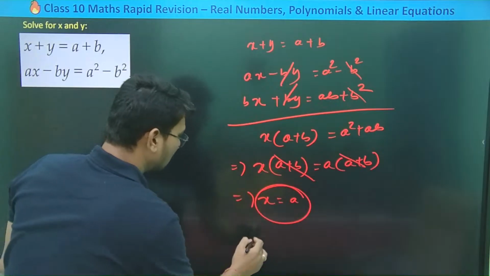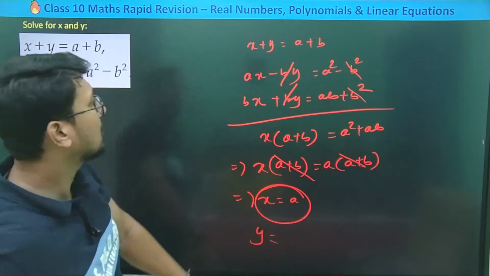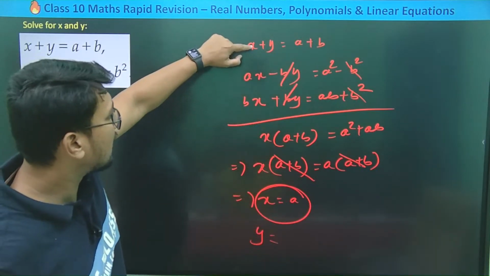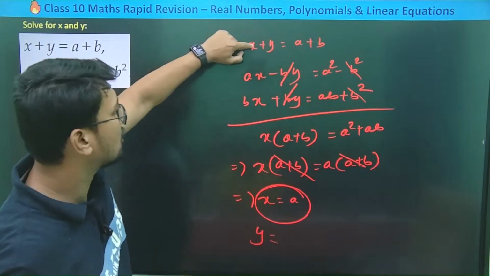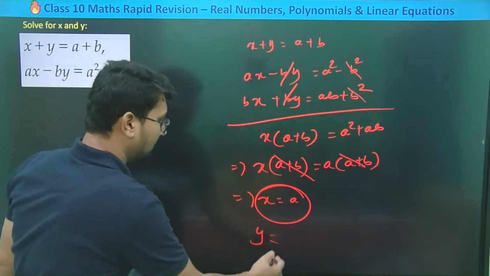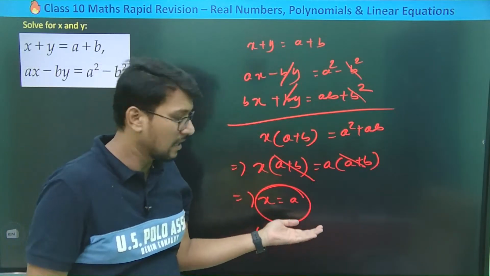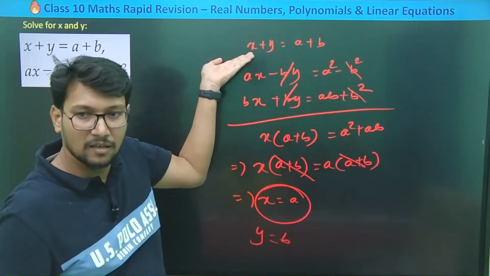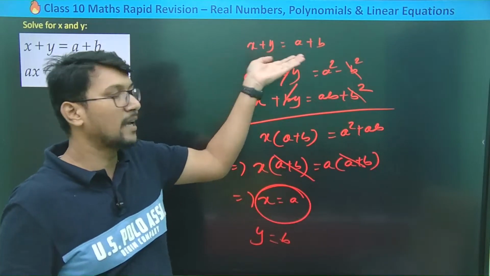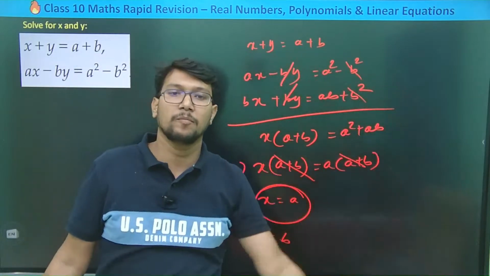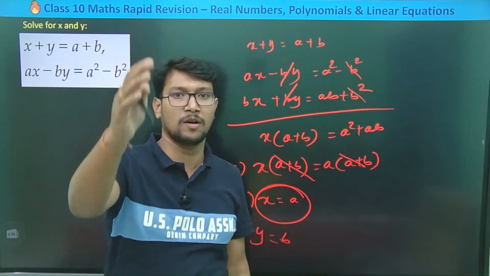So what is y? Check. x is a, so a will be cancelled from both sides, and y would be directly b. Check, replace it. Put a over here, so y would be a cancelled. y equals b. Clear everyone?